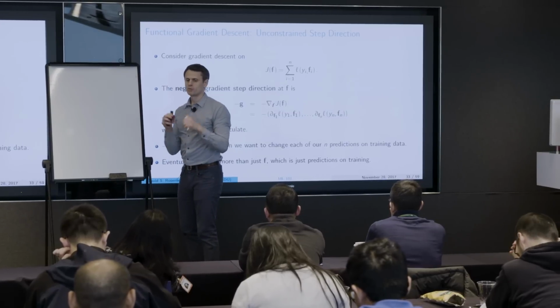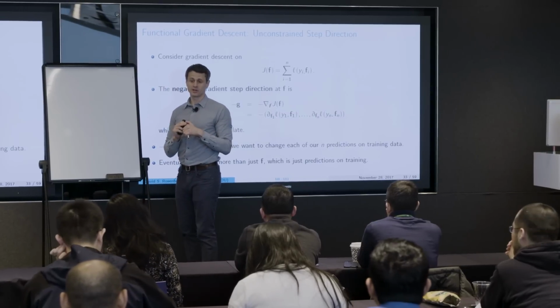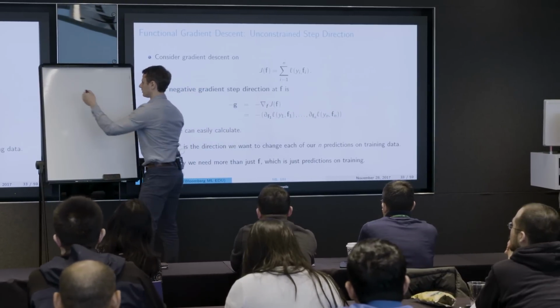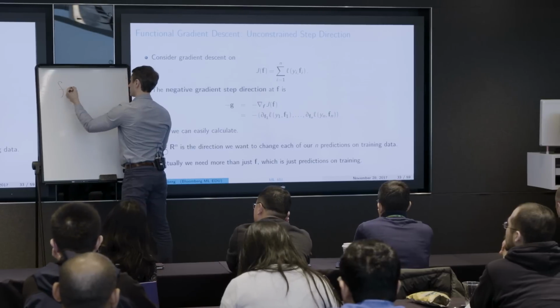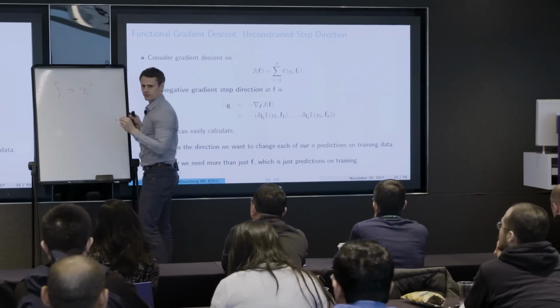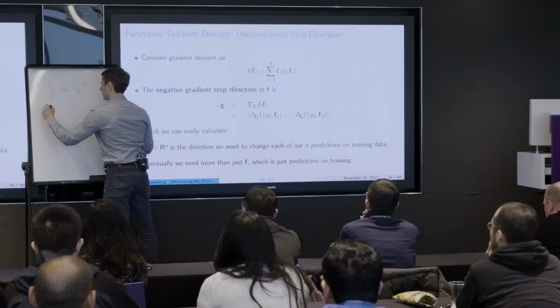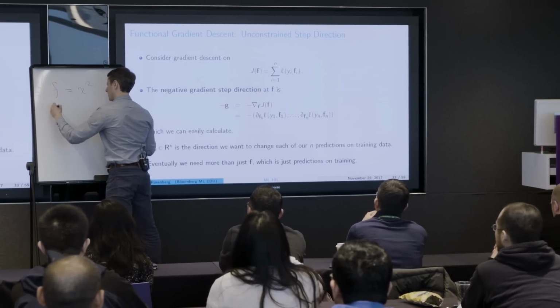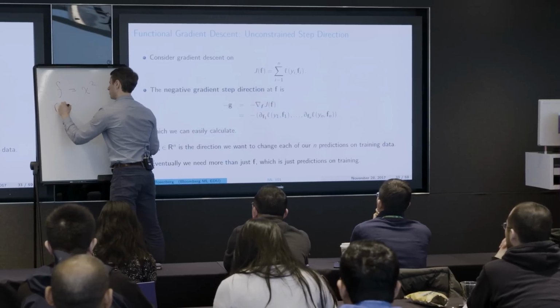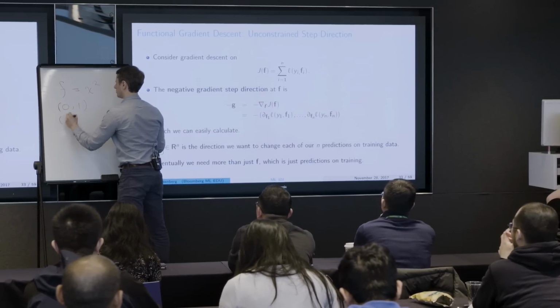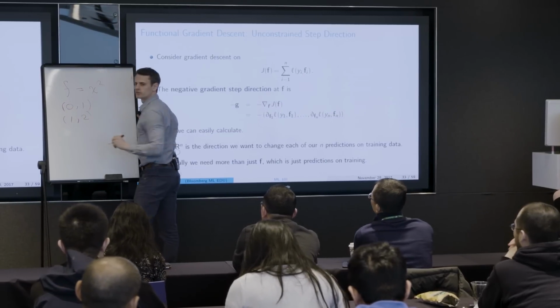So, okay, someone proposes a function f, right? So let's suppose someone proposes x squared, right? Now, our training points are (0, 1) and (1, 2). These are our training points.